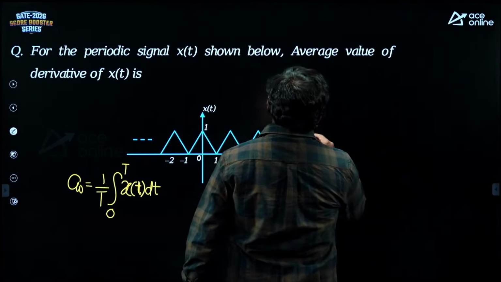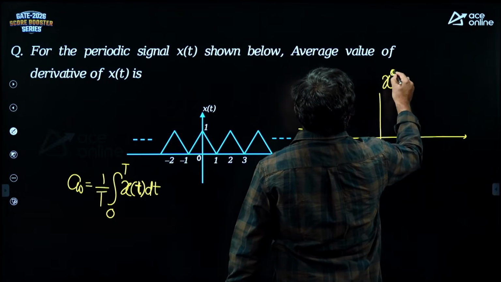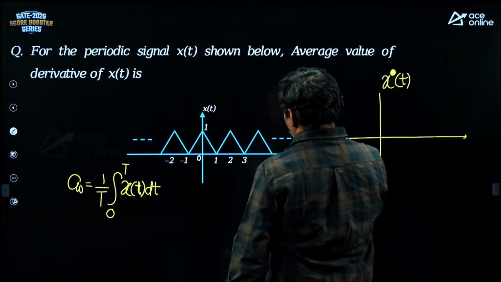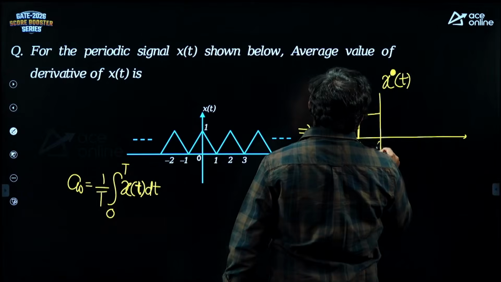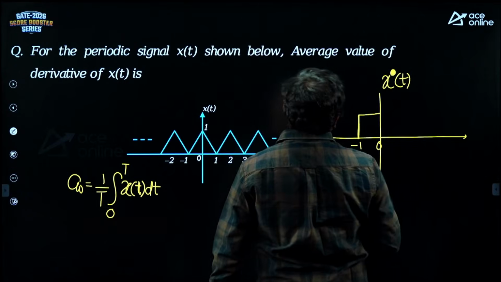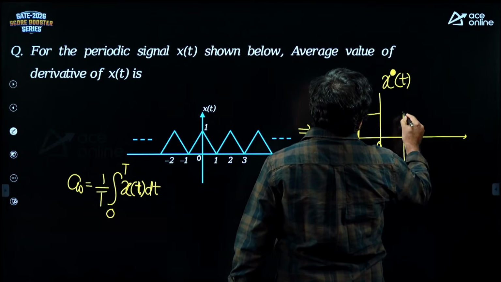But when we differentiate this function, which is actually an even signal, our original signal is an even signal. So the differentiation of this portion gives a positive step, 0 to 1, then a negative step, and the repetition occurs like that.